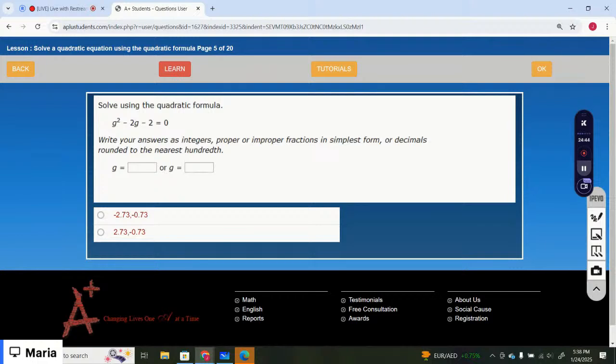G square minus 2g minus 2 equals 0, which is the correct option.